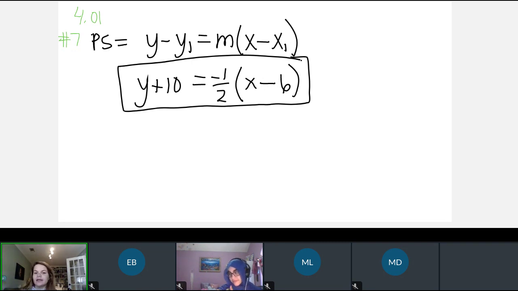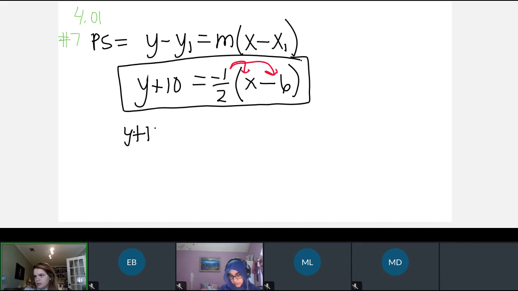So to put the answer into slope intercept form, that means we're going to solve for y. So we're going to distribute this negative 1/2. When we do that, we're going to leave this y plus 10 alone for right now.